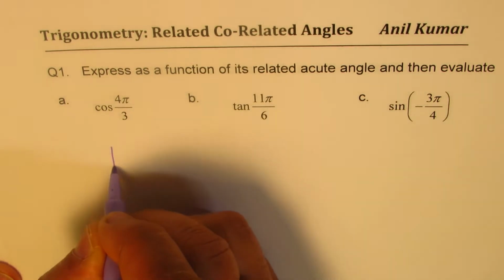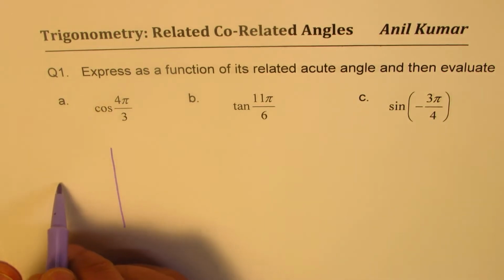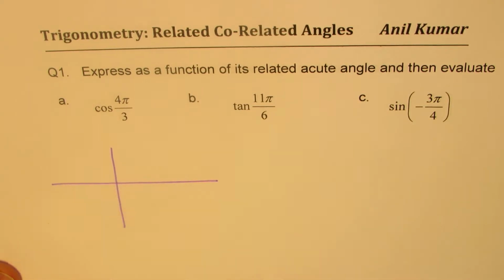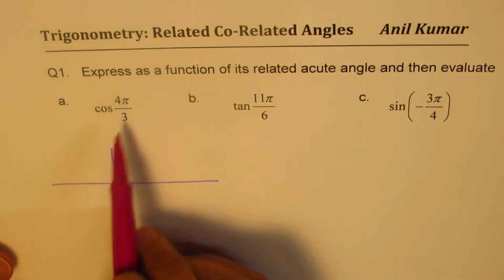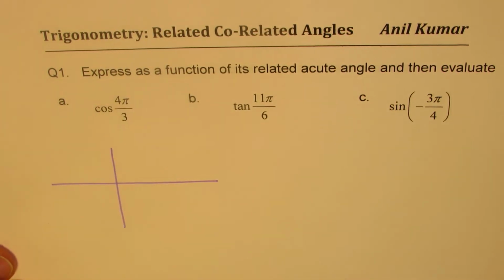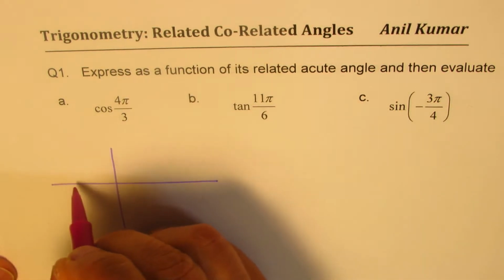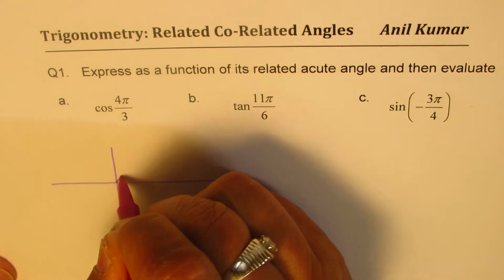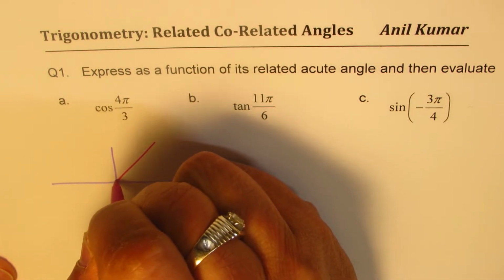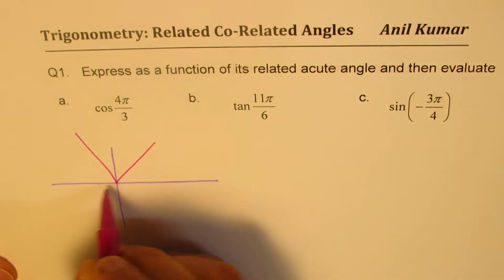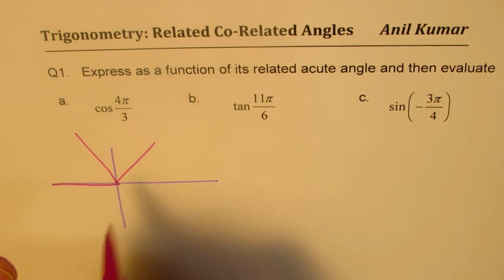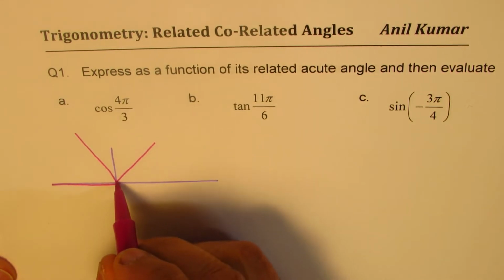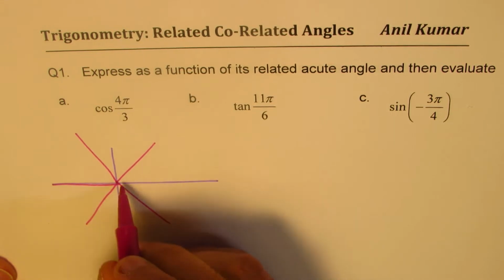So we'll take cos 4 pi by 3 as an example, and then look into related acute angle. Now when I say cos 4 pi by 3, it really means that this particular pi is divided into 3 portions, right? So let's say this is 1, this is 2, that is 3, and then we have 4, 5, and 6.